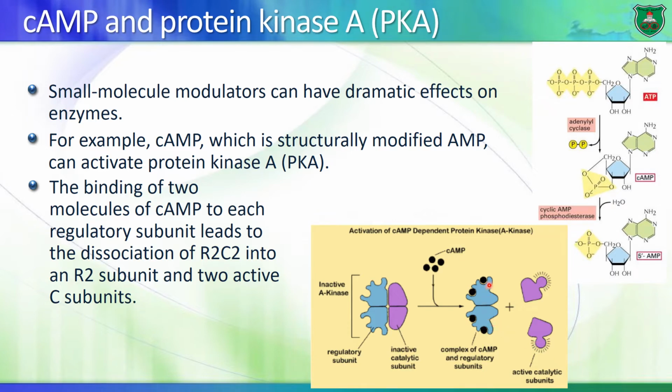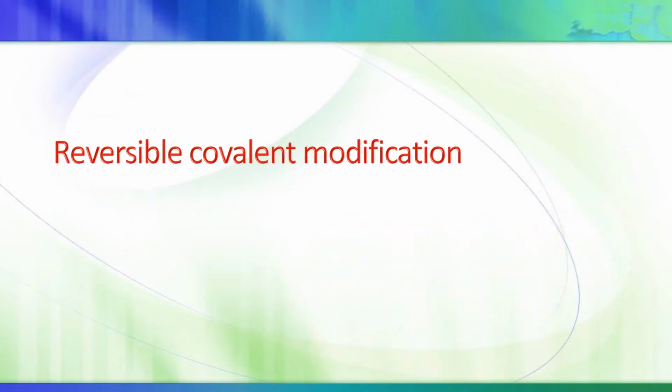So you have disruption of the quaternary structure of protein kinase A. Basically, a hormone binds to a receptor, and this receptor activates adenylyl cyclase. Adenylyl cyclase can then form cyclic AMP. Cyclic AMP binds to protein kinase A, activating it.